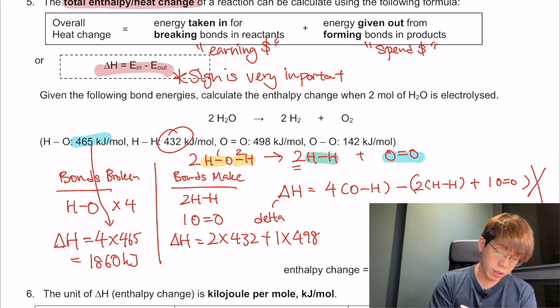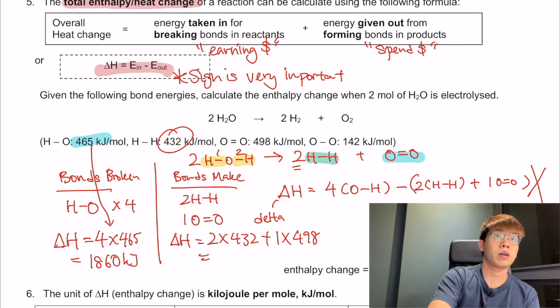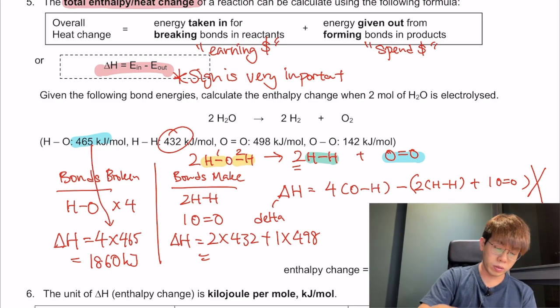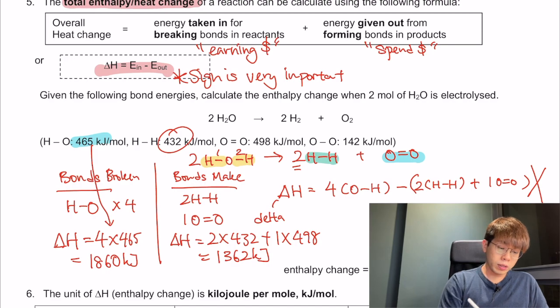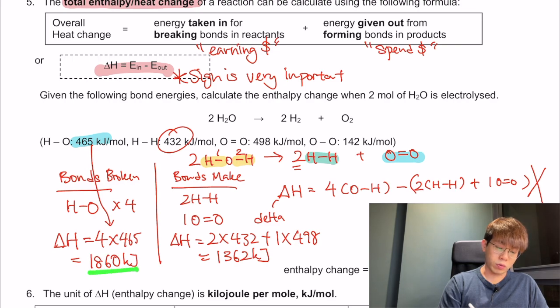So let me use my calculator for this. 2 times 432 plus 498 will give me 1362 kilojoules.